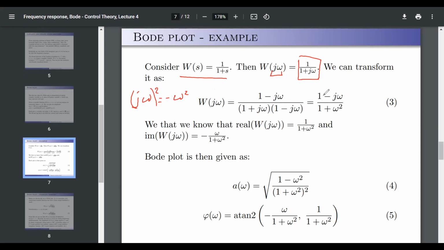Okay. What is this guy? This is just two fractions. This whole thing is the real part. And this whole thing is the imaginary part. So here you get the real part, 1 over 1 plus omega squared. And here is the imaginary part.